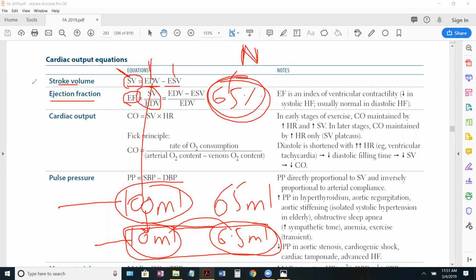But if you compare according to the ejection fraction, it is high. So this is diastolic heart failure, which we call heart failure with preserved ejection fraction. So never take ejection fraction in absolute mLs.